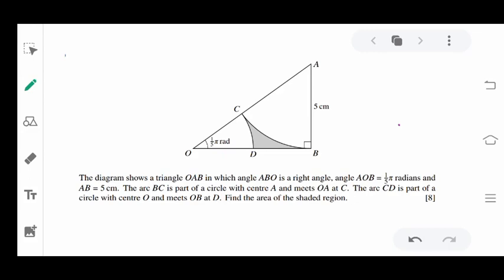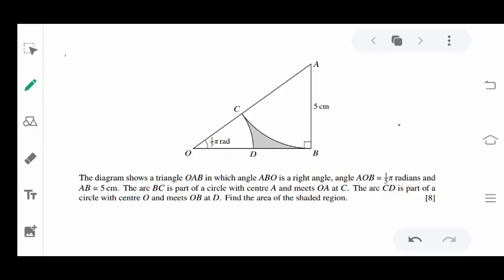The arc BC is a part of a circle with center A and meets OA at C. The arc CD is a part of a circle with center O and meets OB at D. Find the area of the shaded region.